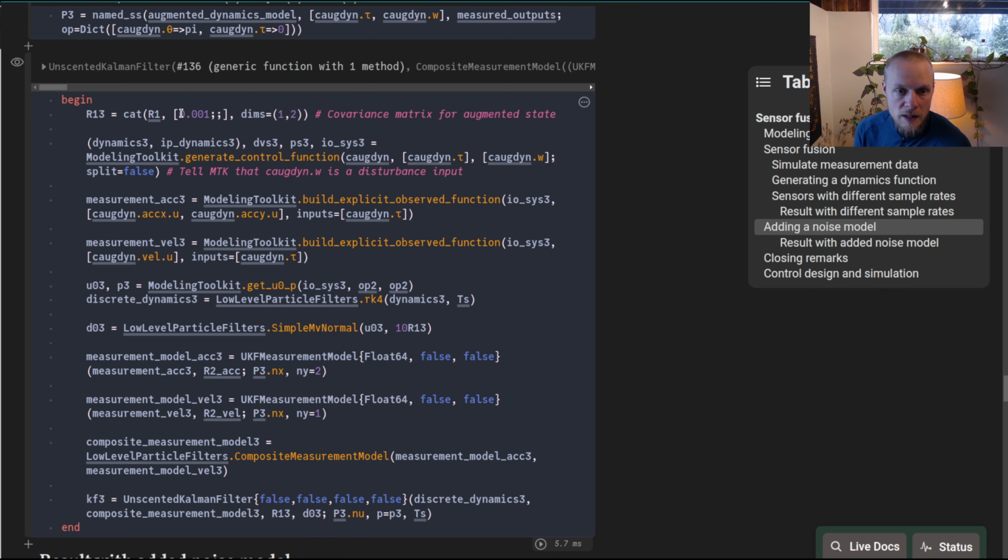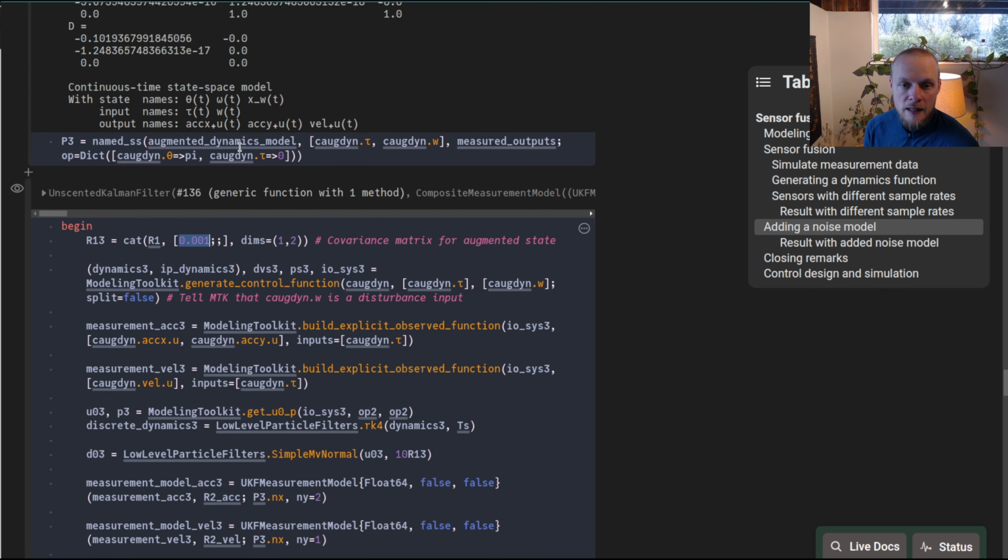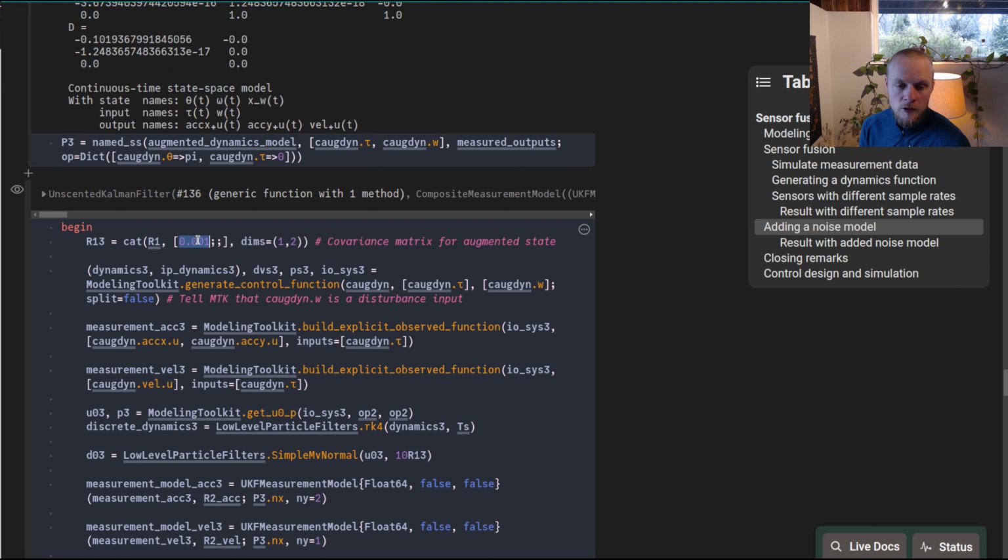So this is now my tuning parameter that allows me to control how fast I want to adapt the drift estimate. So if I have a large value, I say that the drift is changing fast. And if I have a small value, I say that the drift is slow. And here I have picked some value that made the plots look nice.